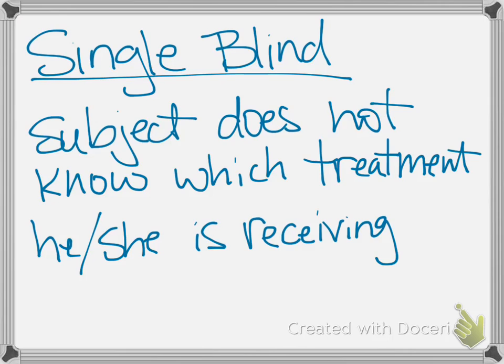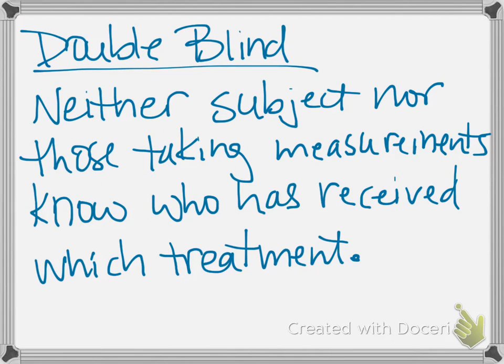The other type of blinding is a double-blind study. And in this case, just like with a single-blind study, the subject doesn't know what treatment he or she is getting, but also the person who's taking the measurements. So the researcher doesn't know which treatment each subject has received.